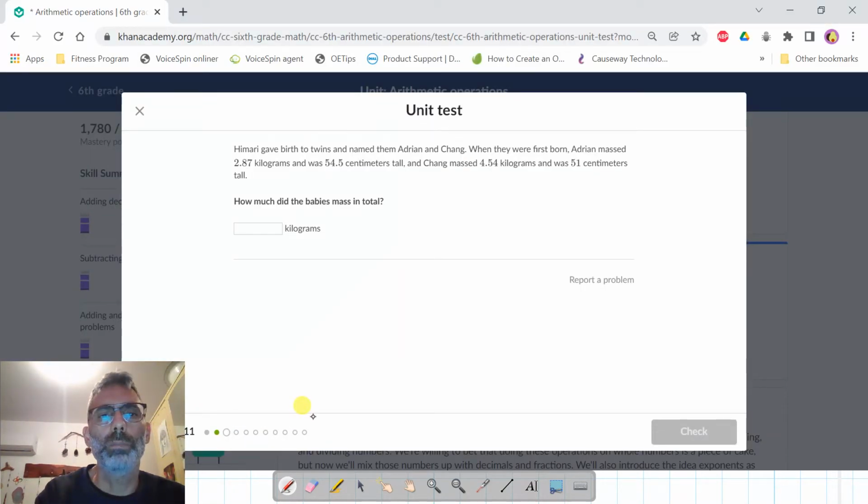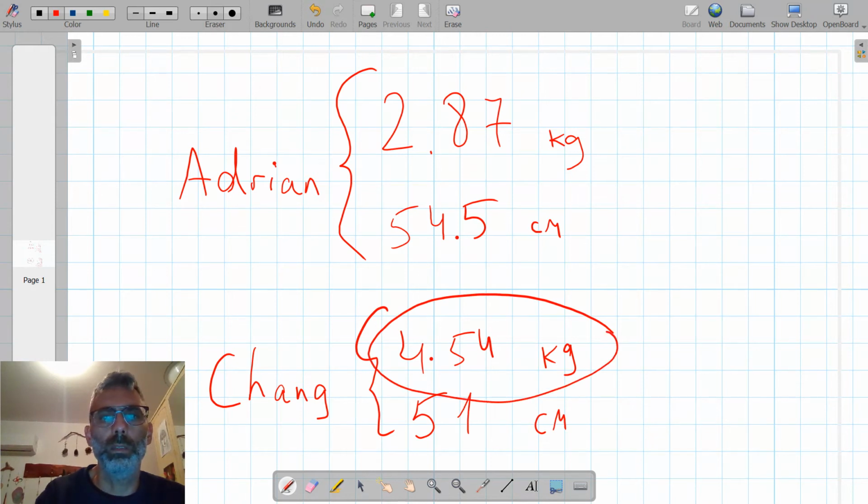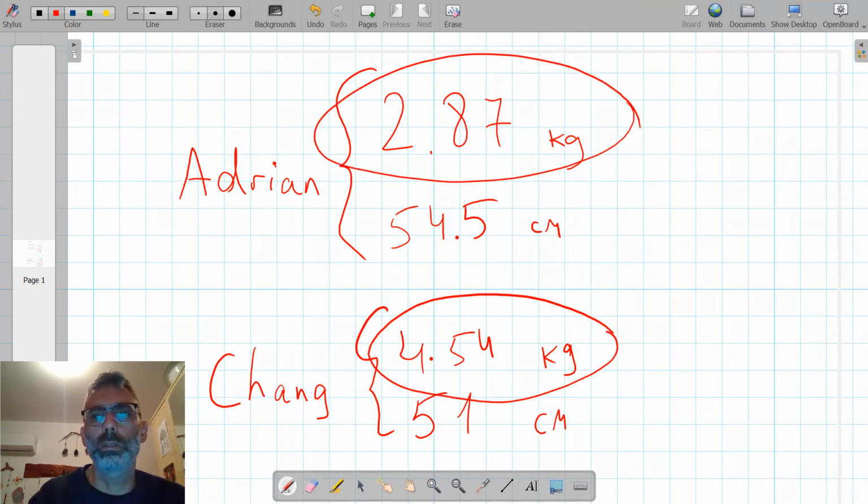How much did the baby mass in total? Okay, so their height is not relevant to the question. I need to have this and this.